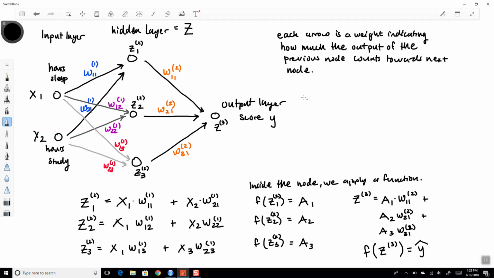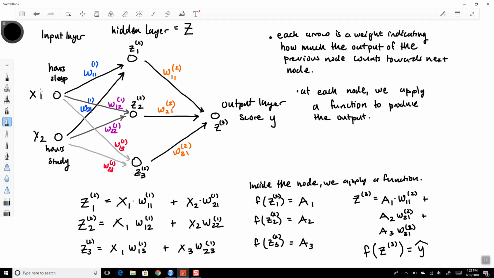Okay, and then at each node, we apply a function to produce the output for the next layer.